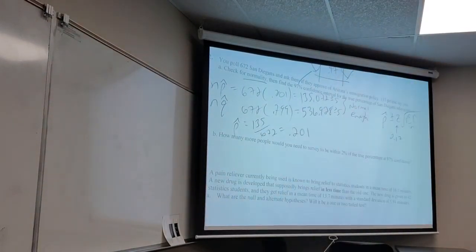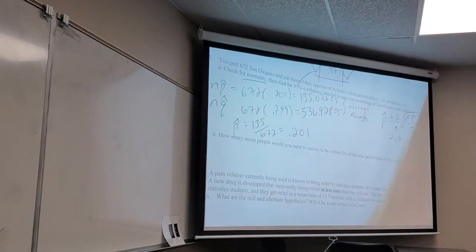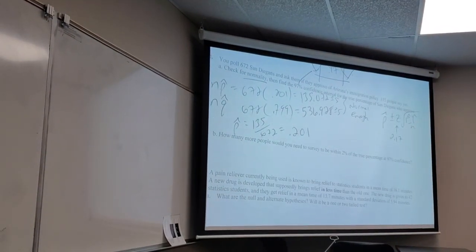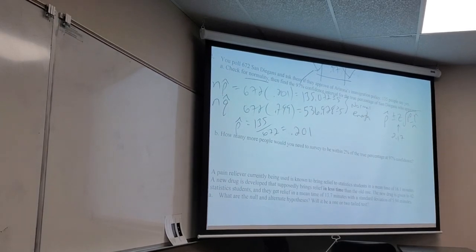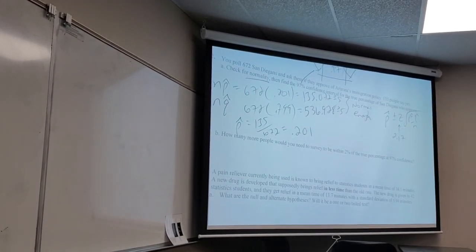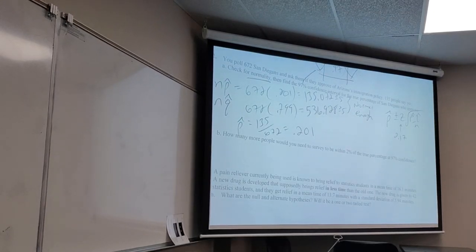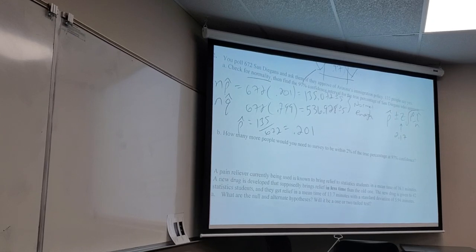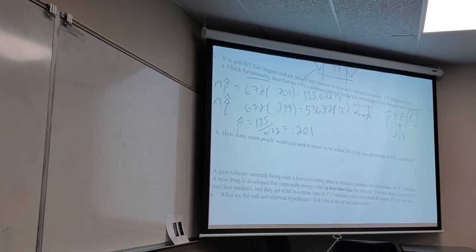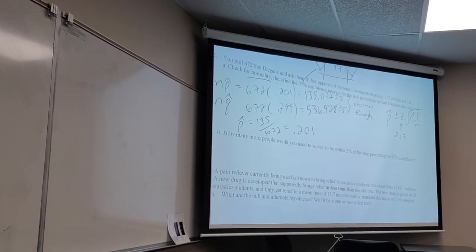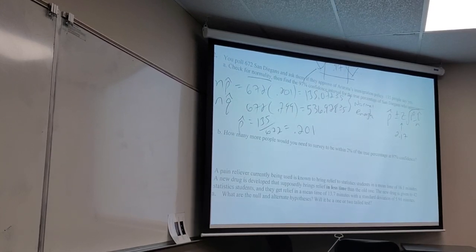So if your p hat is 0.2009, you're just going plus or minus 0.0335. So your range is 0.1674 to 0.2344, which is nowhere near the plus or minus 2.17.